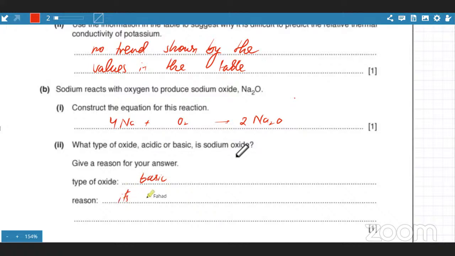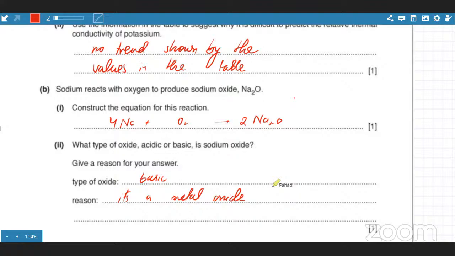Hopefully that would be acceptable. Or we can say maybe there could be another reason: sodium oxide, if you dissolve it in water, gives an alkaline solution, or it forms sodium hydroxide.